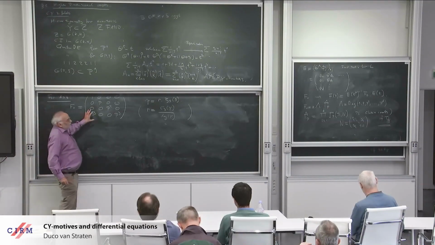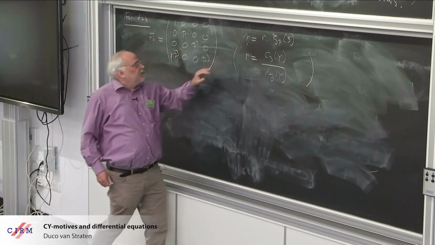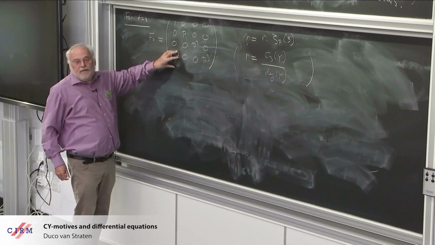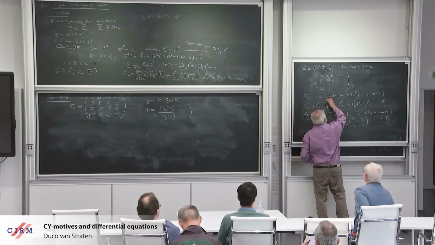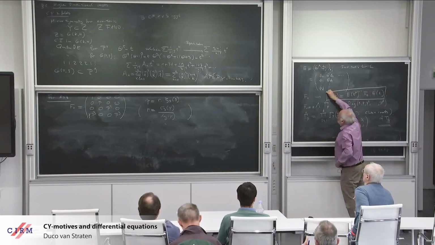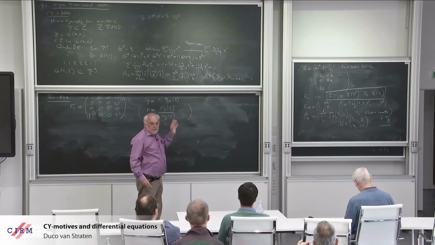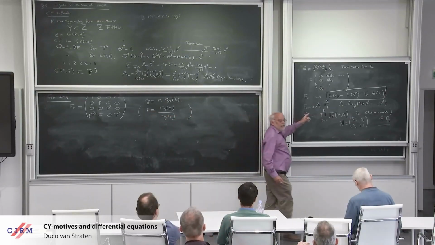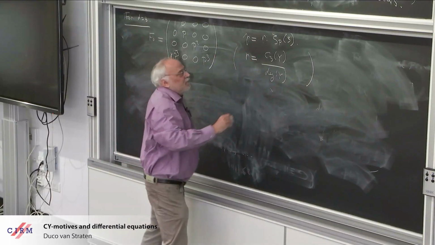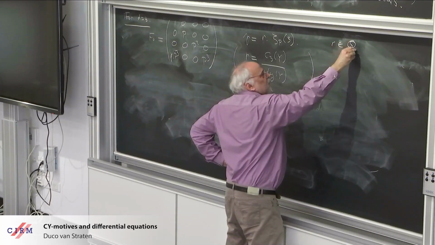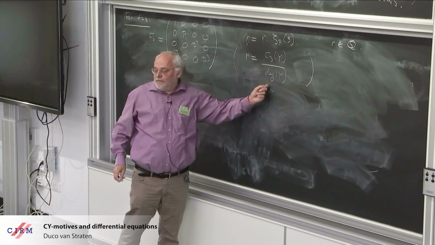But the remarkable thing is that with this choice of this entry here, this function gets arithmetic meaning. Then you will find that the eigenvalues have the right size for one specific choice of this rational number. And in the case of mirror symmetry, this rational number is predicted to be this value.